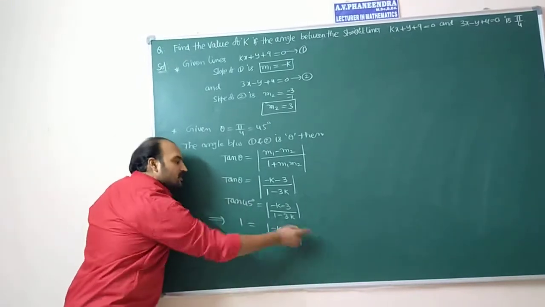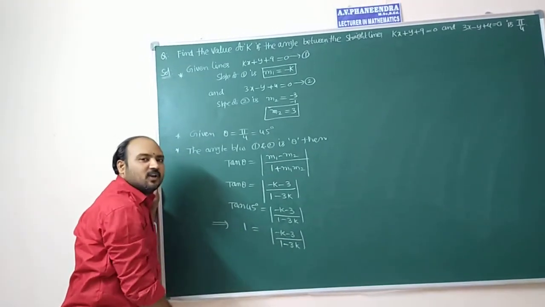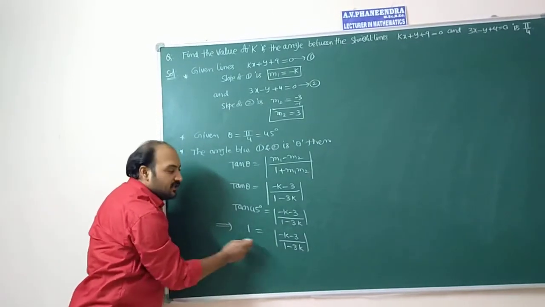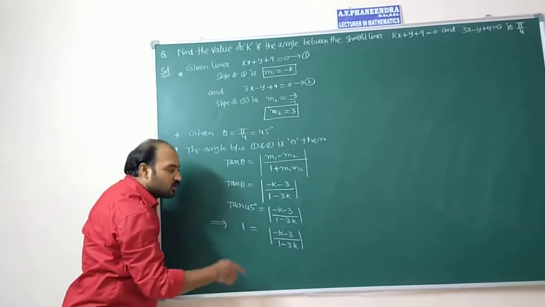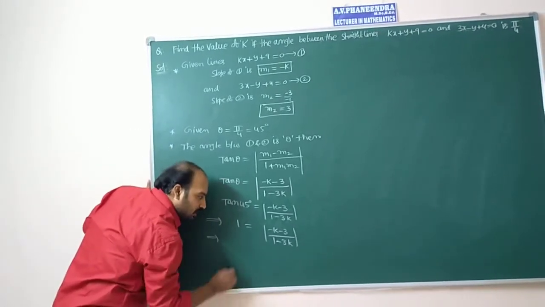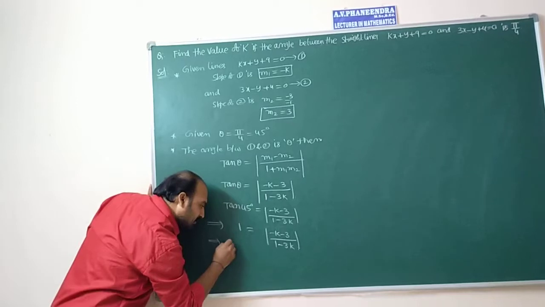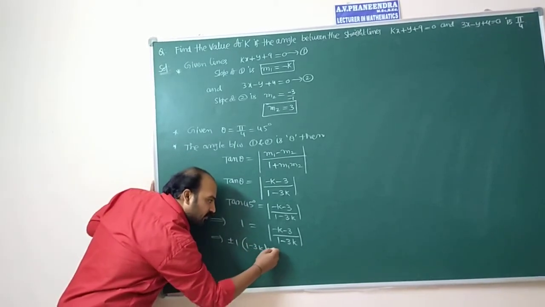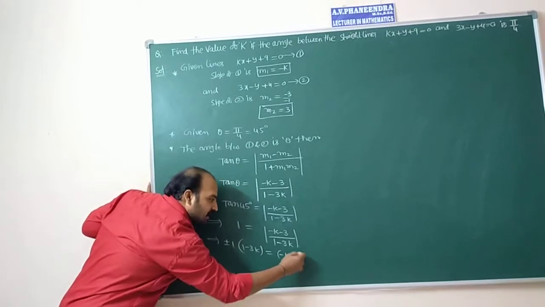If you remove the modulus, plus or minus, 2 cases will come. If you don't want to remove it, you can directly take the mod on this side also, then square on both sides and proceed. So we can do that. First remove that modulus: plus or minus 1 into 1 minus 3k is equal to minus k minus 3.